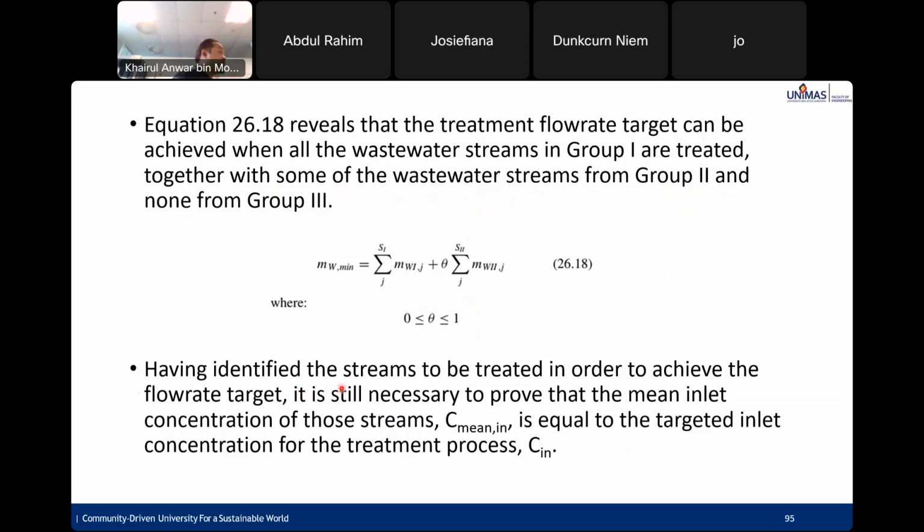Having identified the stream to be treated in order to achieve the flow rate target, it is still necessary to prove that the mean inlet concentration of those streams, C mean in, is equal to the targeted inlet concentration for the treatment process C in.